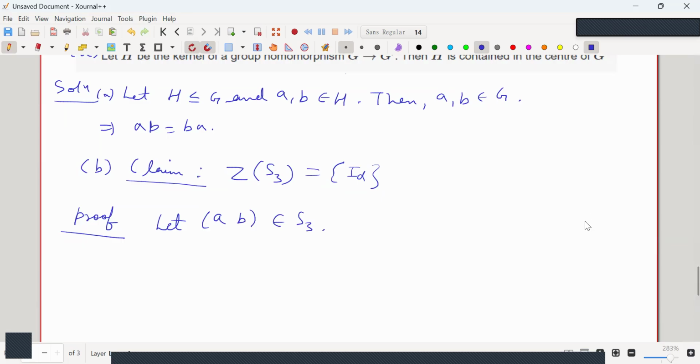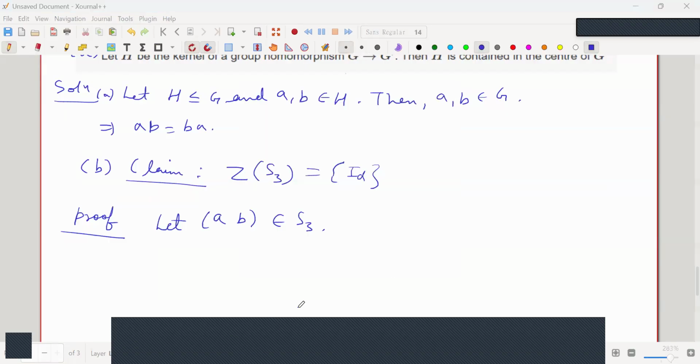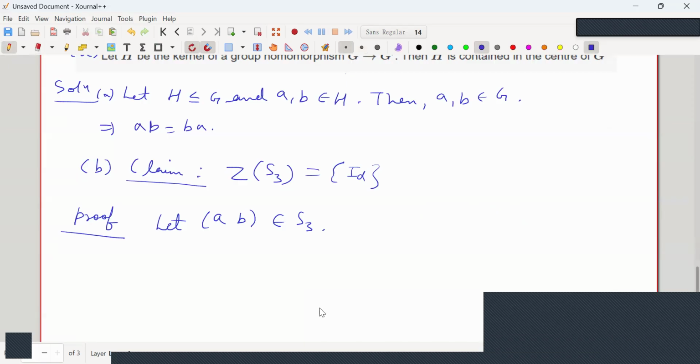Okay, it's a permutation in two letters. Now what? We need to show that for this element, there exists an element with which it doesn't commute. Take AC belongs to S3. Okay, so let me first clarify what is A and B.